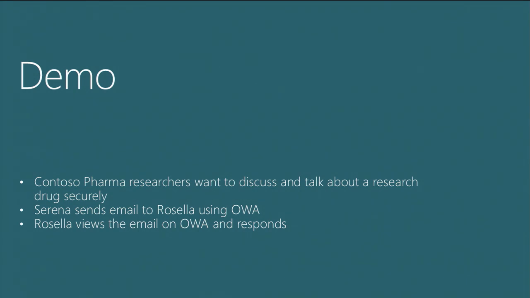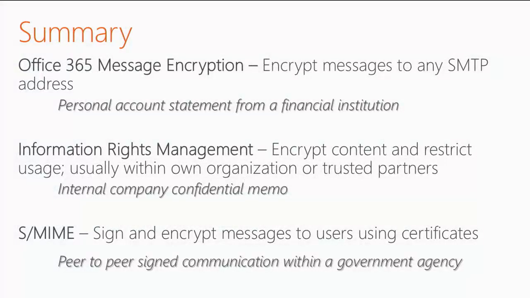Okay, so I'm doing all right on time, but I just want to get to a summary, and then afterwards you can feel free to ask more questions or come up and talk to me as well. So basically, we went over the three types of encryption that we offer today. The first one was Office 365 Message Encryption, OME, that will enable you to send to any SMTP address.